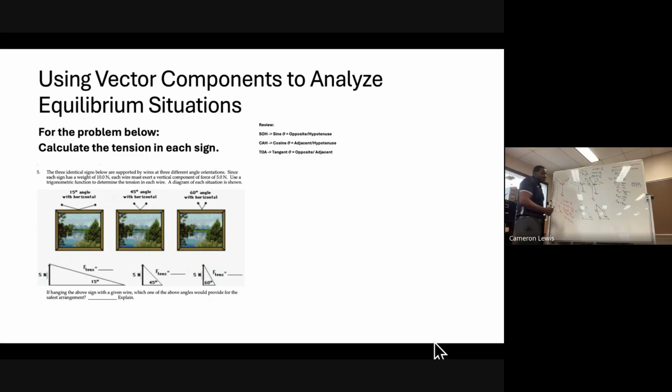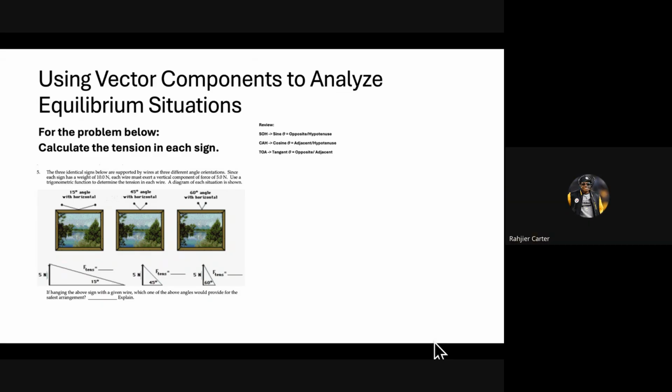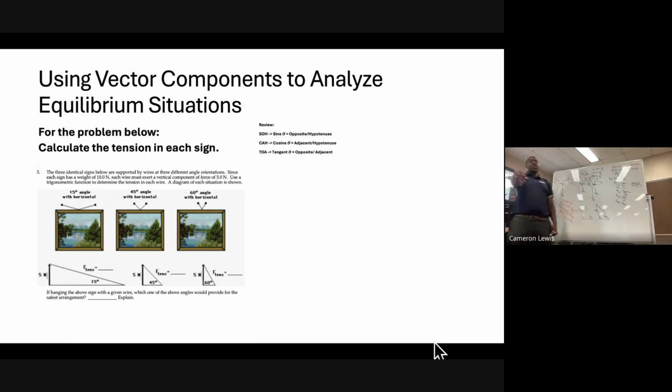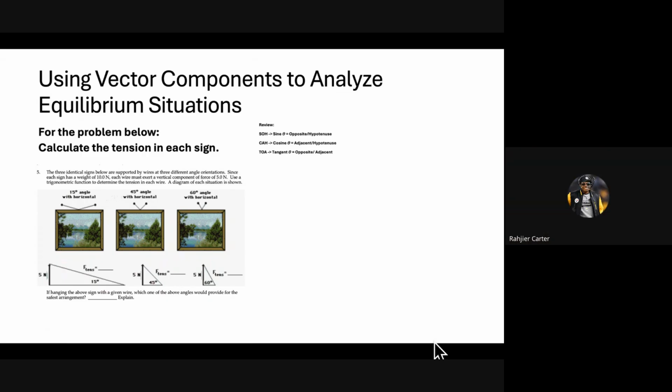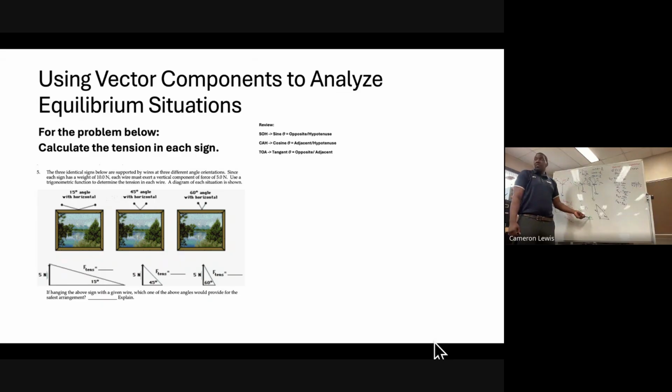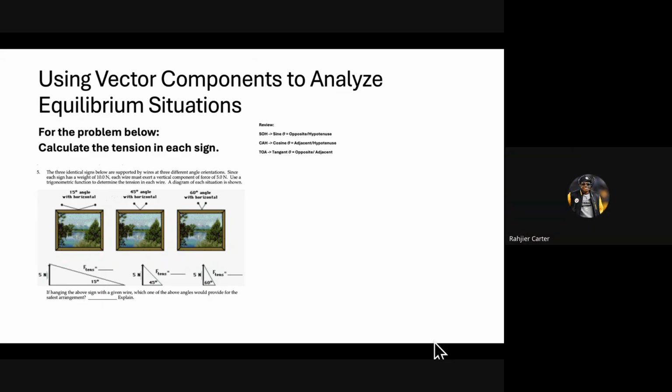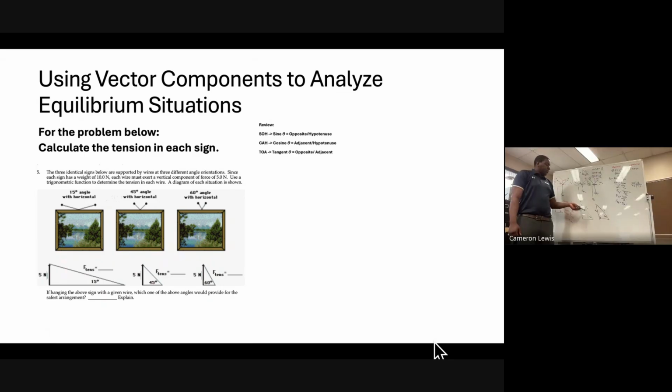45. Now, what type of triangle is this? Right triangle, but what type of right triangle? Remember the special right triangles? We use Pythagorean theorem in all of them, but what type of triangle? 45, 45, 90.